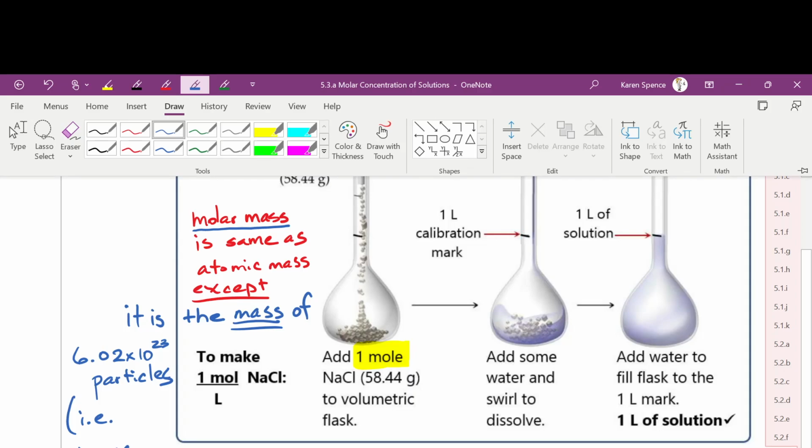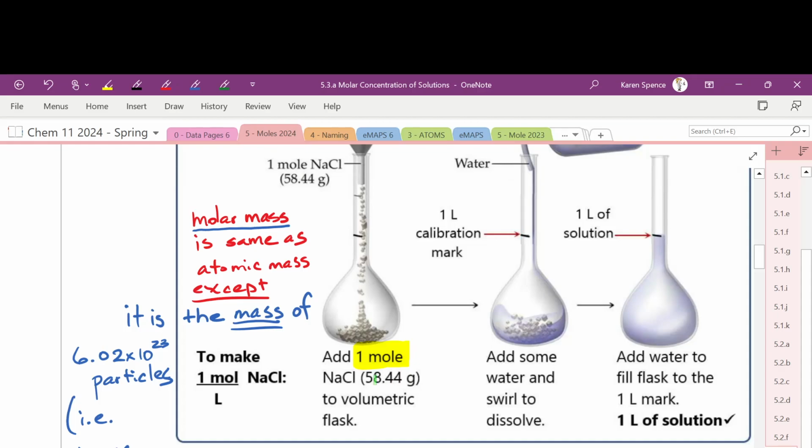Now, whoever was doing this was using a different periodic table than ours. Our periodic table only goes to 1 decimal place. Their periodic table goes to how many decimal places? 2 decimal places. That's fine, doesn't matter. So their molar mass is a little bit more precise, okay?